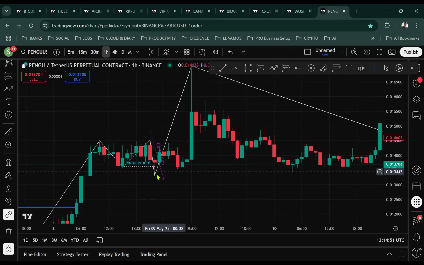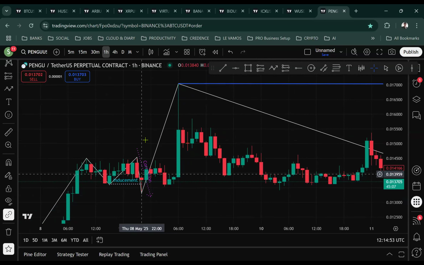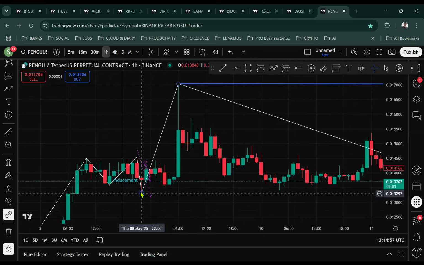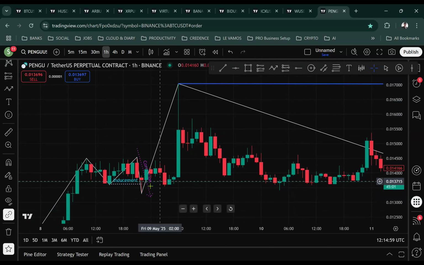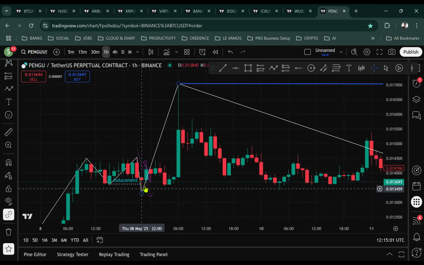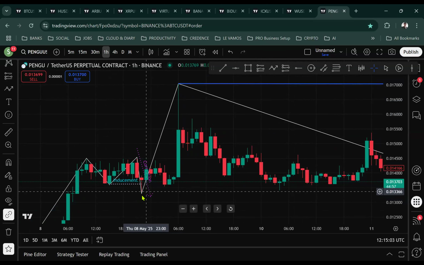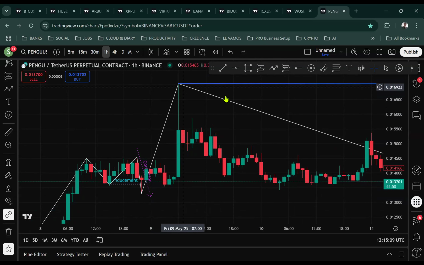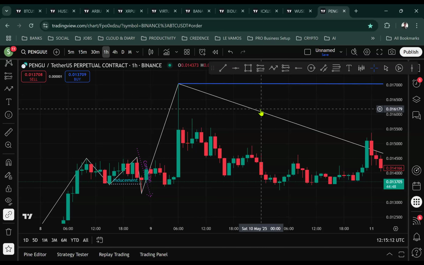Then the next highest point is this one. So the drawing will go from here, correct? From this point, right? Because this is the lowest point. Am I correct?